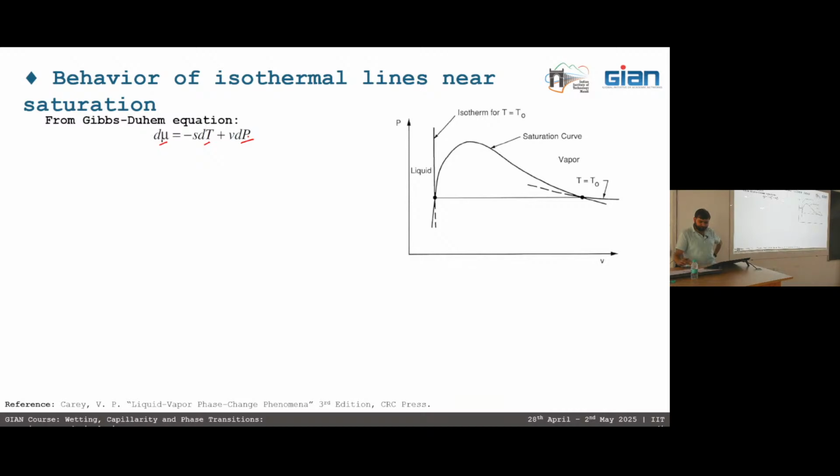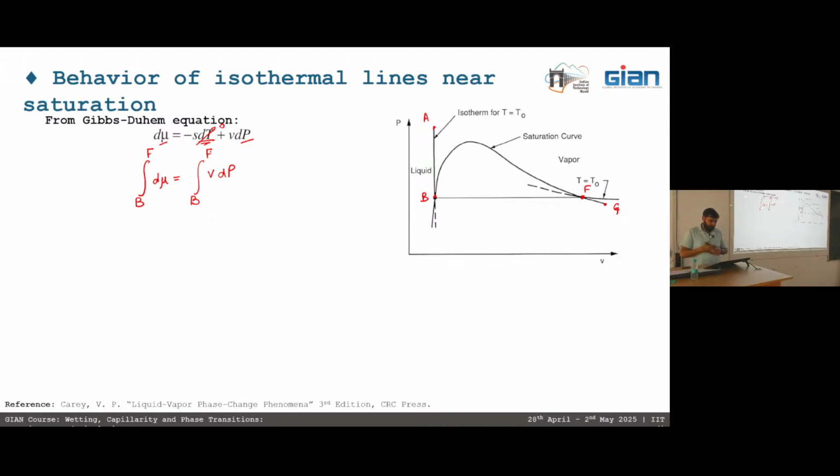Let's say this is your point A, this is point B, this is point F, and this is your point G. Now let me integrate this Gibbs-Duhem equation from point B to point F. d mu is equal to, since this is an isotherm, temperature is constant, so this term would be 0, and we are just left with V dP, from point B to F.